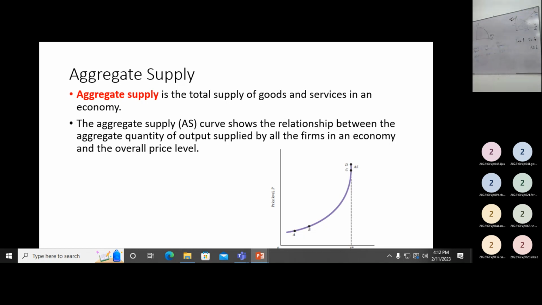As the economy approaches maximum capacity, the curve becomes nearly vertical. If you want to write down a few more points in your own words, you can write.